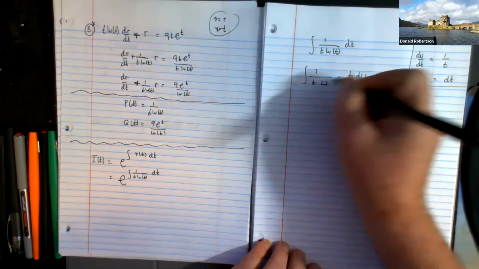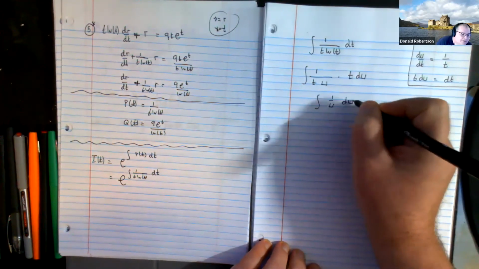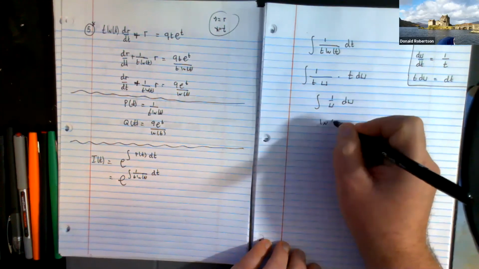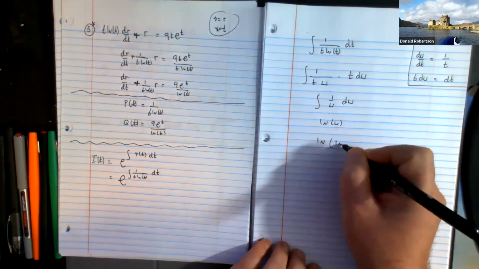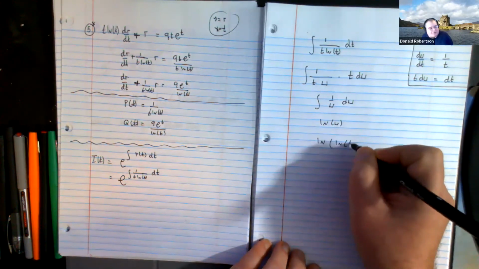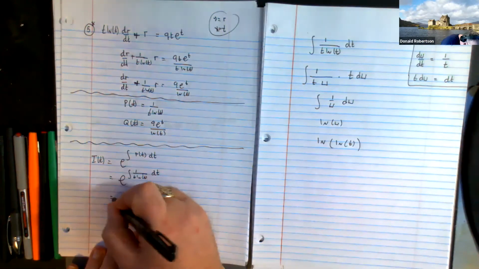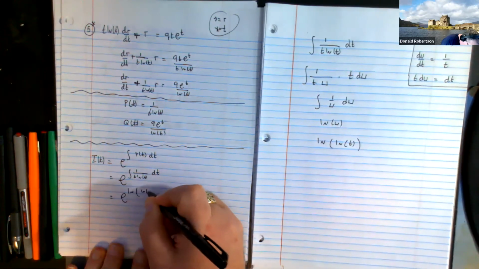The t's cancel, and isn't that pretty? And we know how to integrate him. It's a log of u. And then, how about this weird answer? It's a log of the log of t. That's a pretty weird looking answer. So over here, it's e to the natural log of the natural log of t.